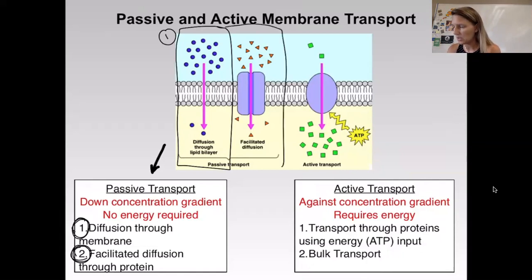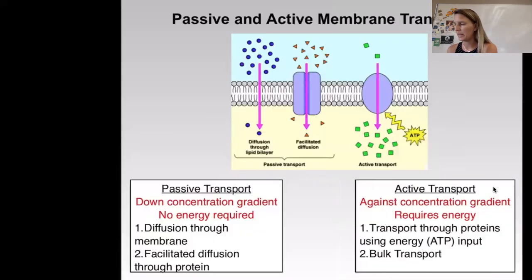And that is shown here, number two, and that's called facilitated diffusion. For active transport, we are going to see that, again, that is against the concentration gradient. You need to use energy, and we're going to look at two different ways you can do that, all right? Either through proteins or through bulk transport, which we'll describe in a bit.